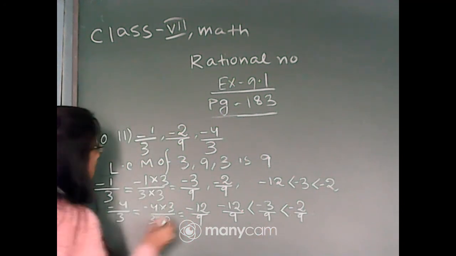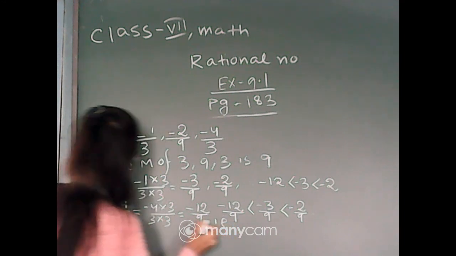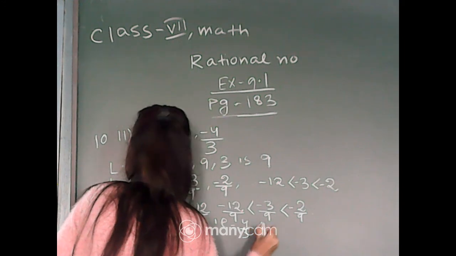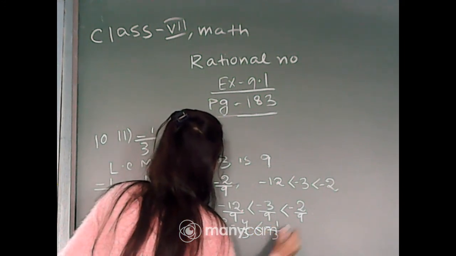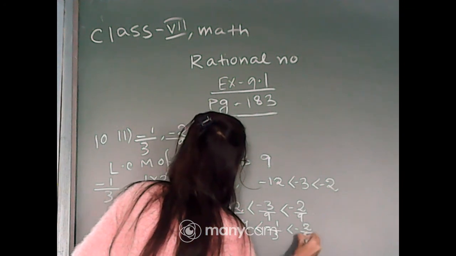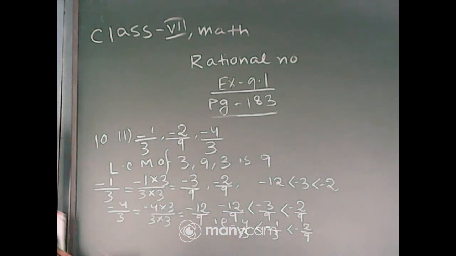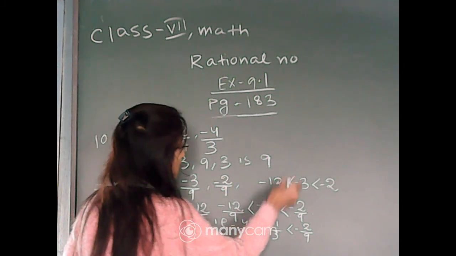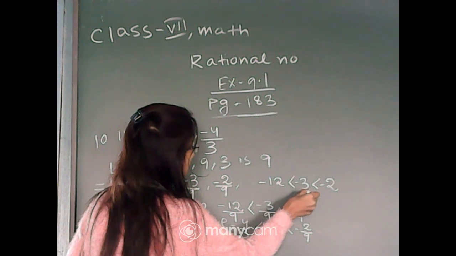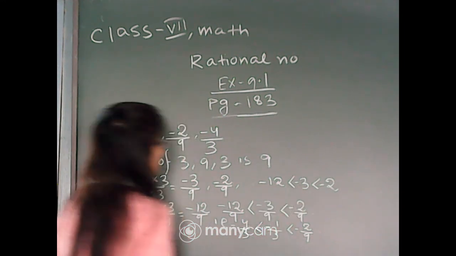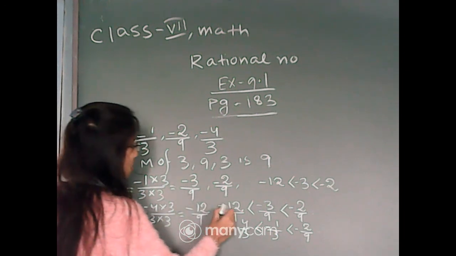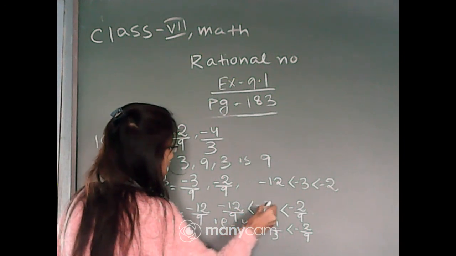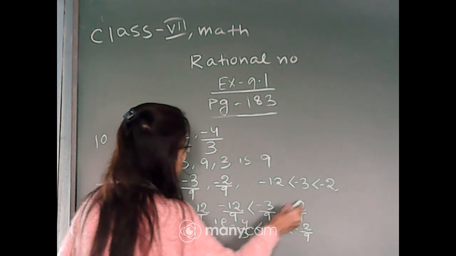That is, minus 4 by 3 is less than minus 1 by 3 is less than minus 2 by 9. Clear? We know that minus 12 is less than minus 3 is less than minus 2. So, minus 12 divided by 9 is less than minus 3 divided by 9 is less than minus 2 by 9.